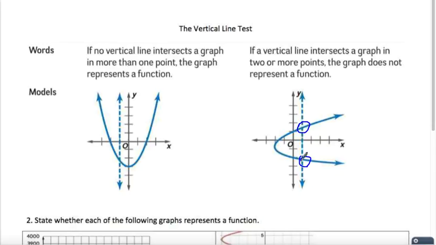If the vertical line is intersecting the function twice, that means every x value, the inputs, has two outputs. Every x has two y's. Which, going back to our definition, in a function, every x can only have one y value.